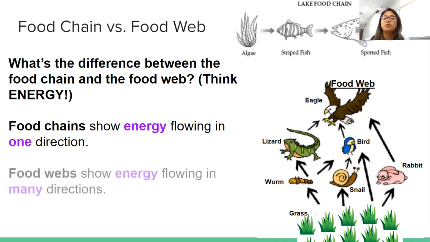But in a food web, you can see more food chains within this food web, and the food web shows energy flowing in lots of different directions. The thing about a food web is it shows most or all the organisms that are in that area and the variety of things that they eat and interact with.